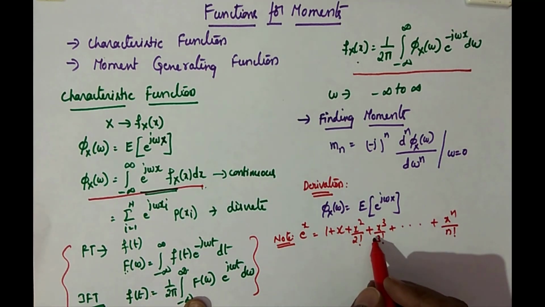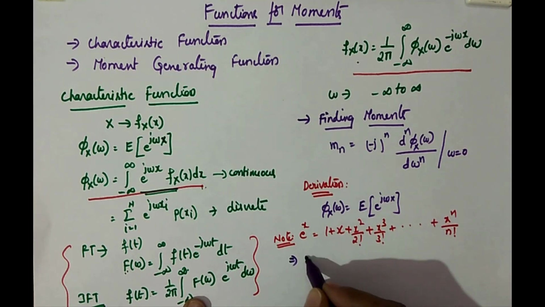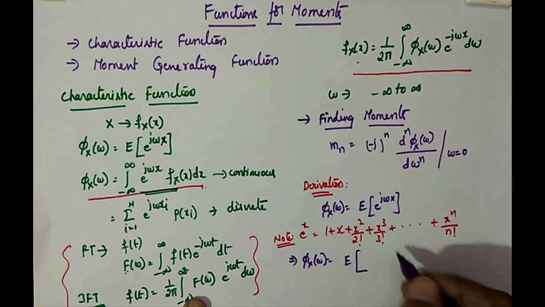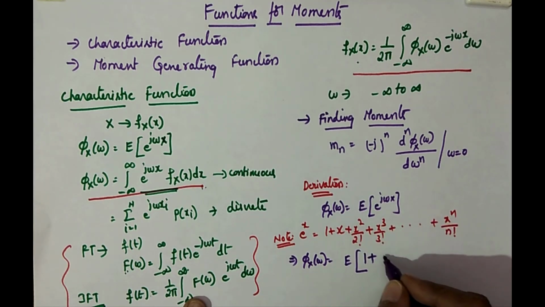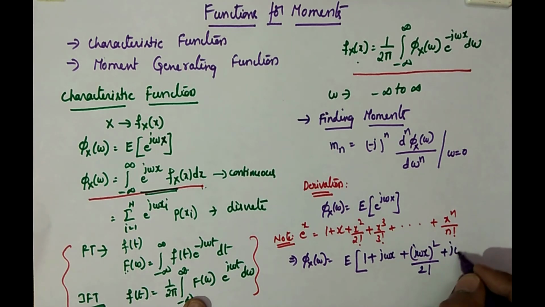Now I am applying this formula here. It implies phi X of omega is equal to the expectation of 1 plus, what is x here? x is the total j omega X. So the first term is j omega X, plus the next term is j omega X whole square by 2 factorial, plus j omega X whole cube by 3 factorial, and so on, j omega X whole power n by n factorial.